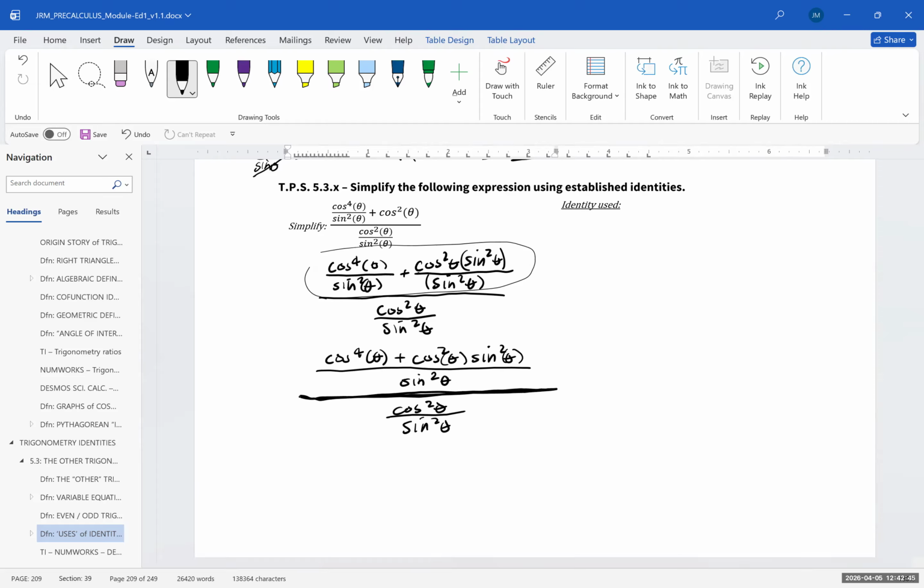Okay, with a compound fraction like this, it can be difficult to keep things straight. But one thing you should notice is that we have a sine squared theta in the denominator here, and in the numerator of this compound fraction, we also have sine squared theta in the denominator there. So if we have a sine squared theta in both denominators of this compound fraction, they will cancel out.